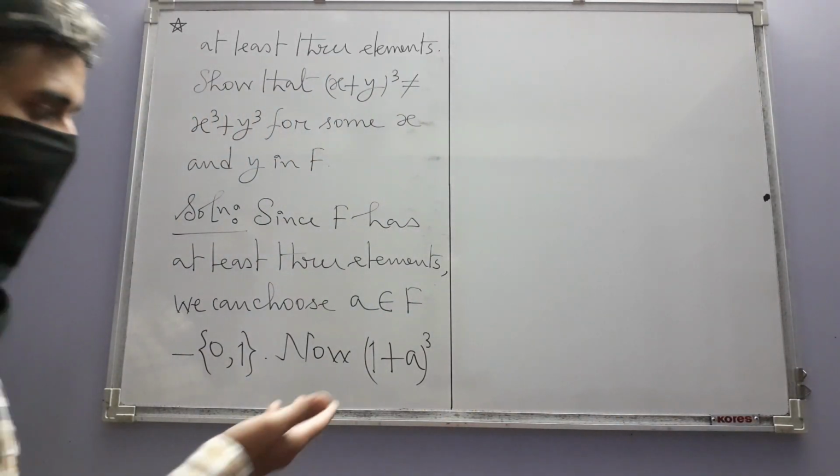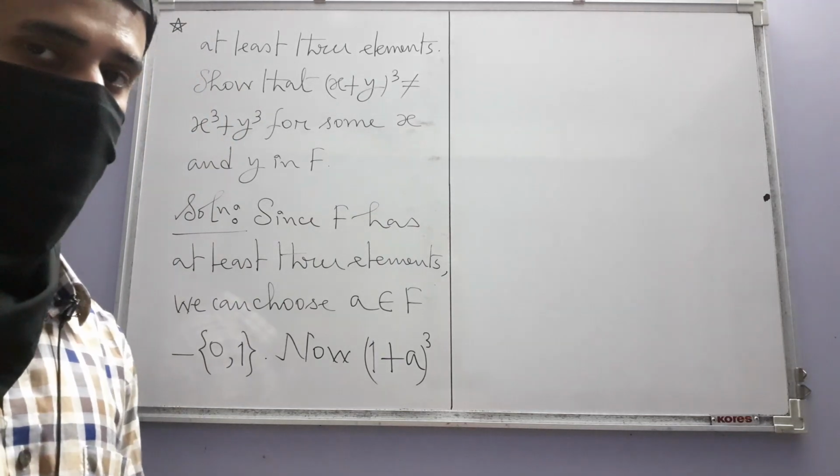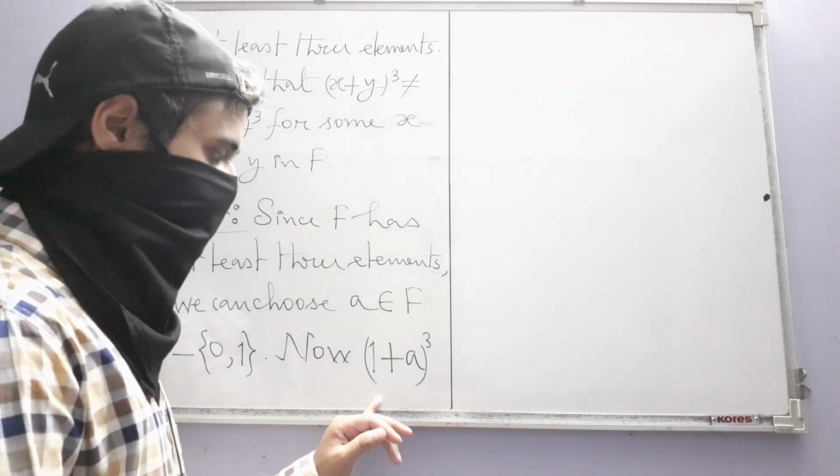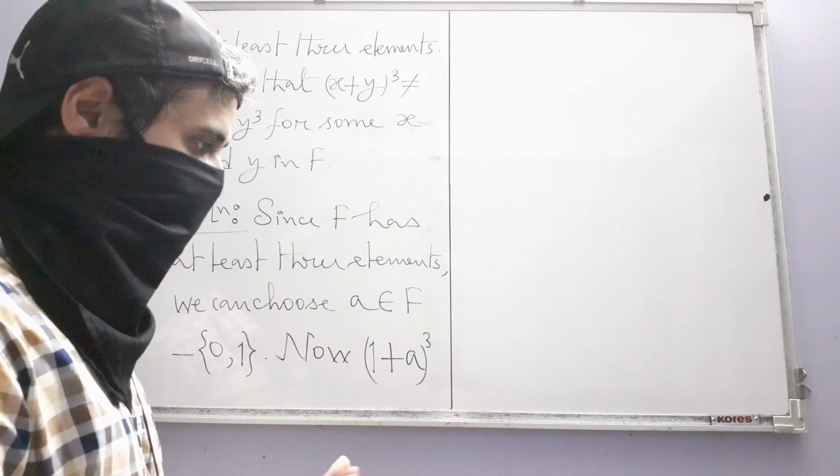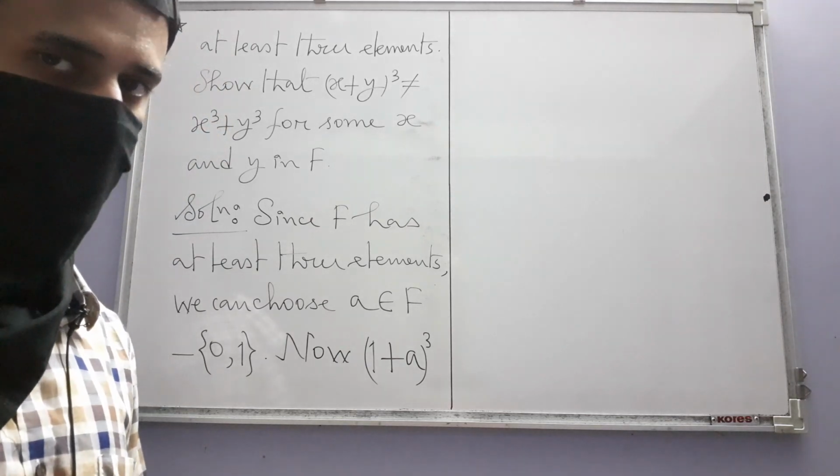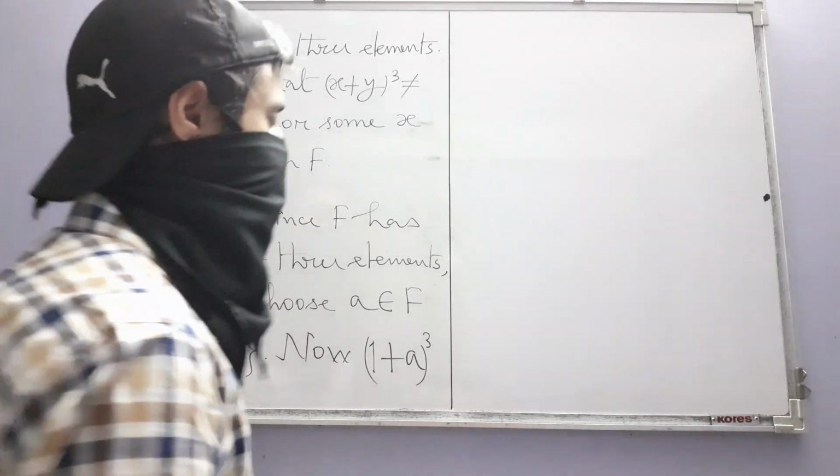Here also we can use our usual binomial theorem. In any commutative ring, the ordinary binomial theorem is valid and any field is a commutative ring.